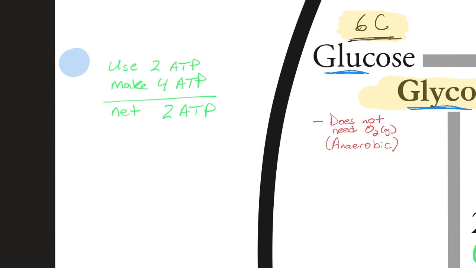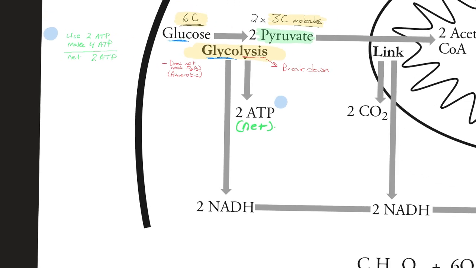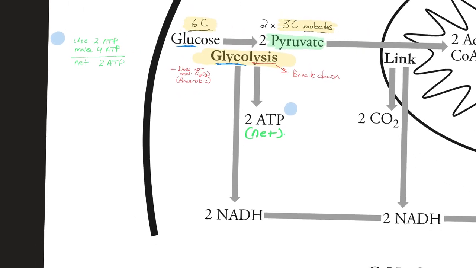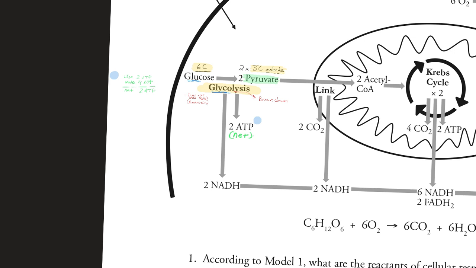So you use money to make money. You use 2 ATPs to make 4. It's a good deal. The really important part, though, that's it. That's very useful.